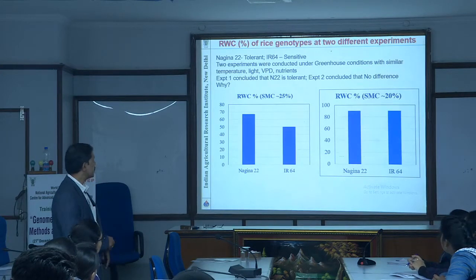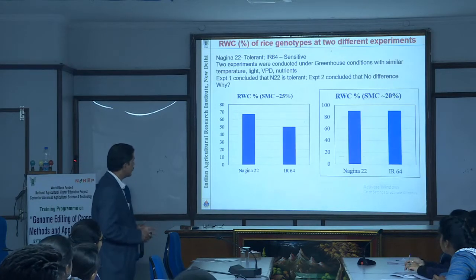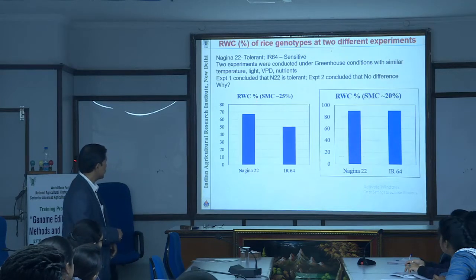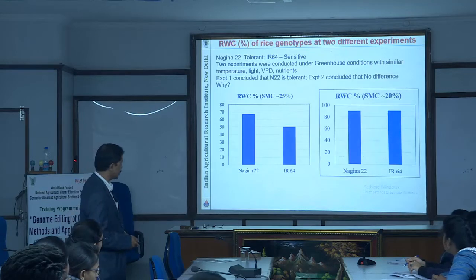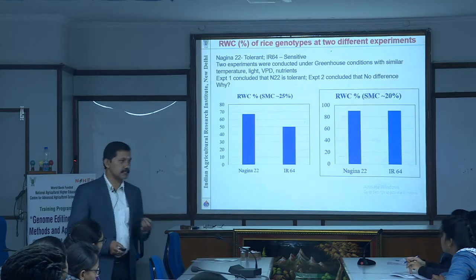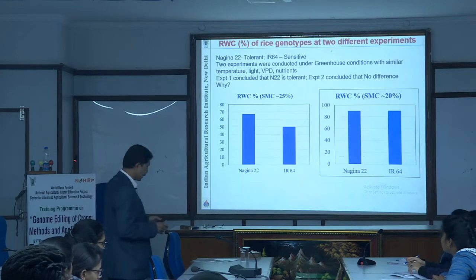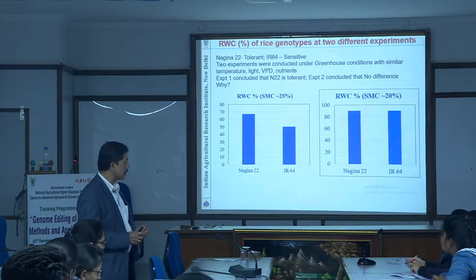So if you use maybe sandy loam soil, the available water will range from maybe 7-8% to about 20%. If you use clay soil, maybe the available water starts from 20% of the soil moisture to about 50%. Most of those who are from agriculture might have studied in their undergraduation that each soil has a different kind of soil particle, and the soil particle binds to the water.